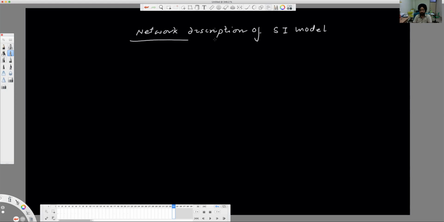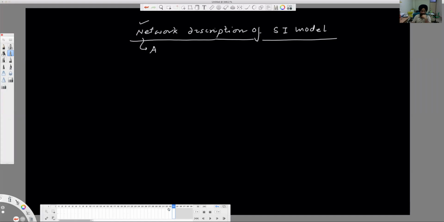In the previous classes, we didn't invoke the network, right? So the moment I say network, I mean the adjacency matrix. So what if I invoke network structure in the SI model? How can we model it again, and what is the solution?